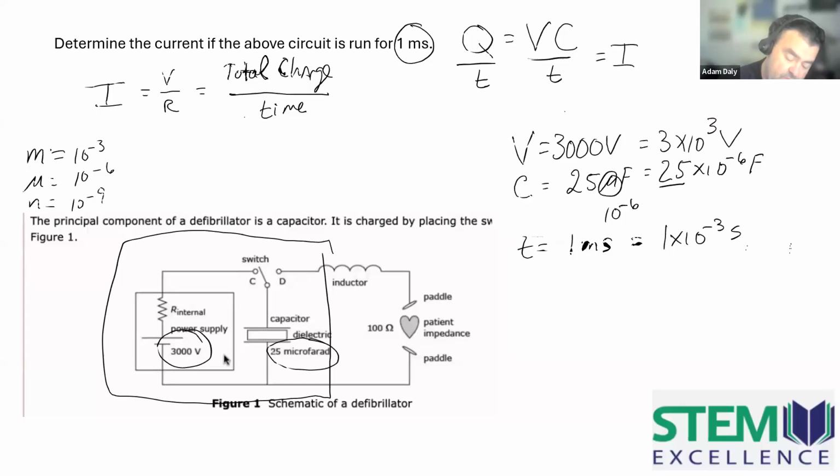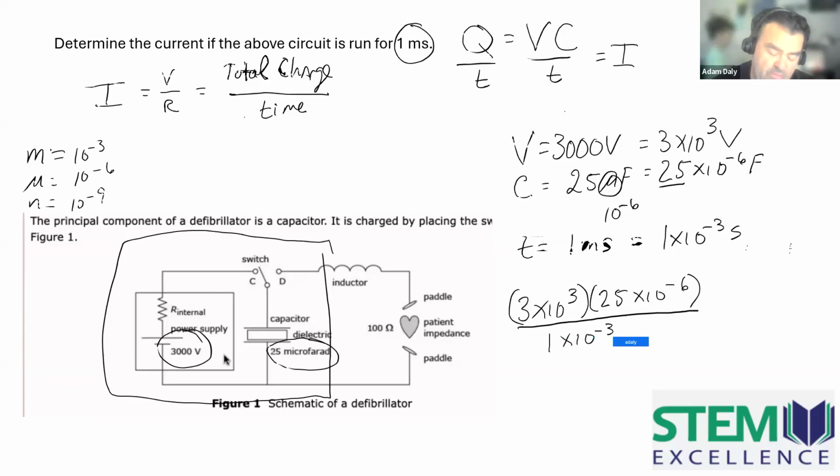So we have 3 times 10 to the 3 times 25 times 10 to the minus 6, all divided by 1 times 10 to the minus 3. So that's our formula.